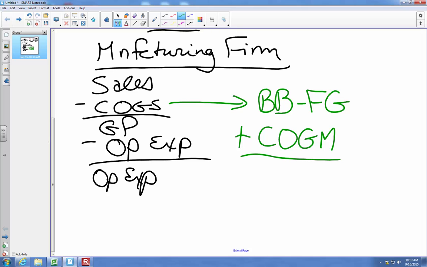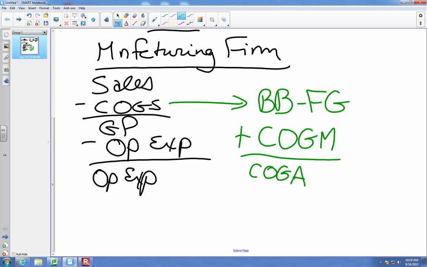Not yet, because aren't I going to still maybe have some stuff in my warehouse? Cost of goods available to sell. Here's what I started with, here's what I made. That means this is what I've got available to sell, right?